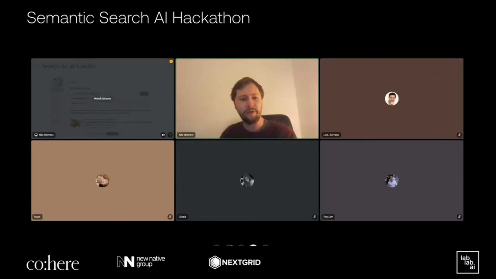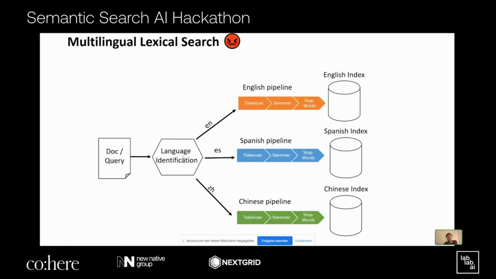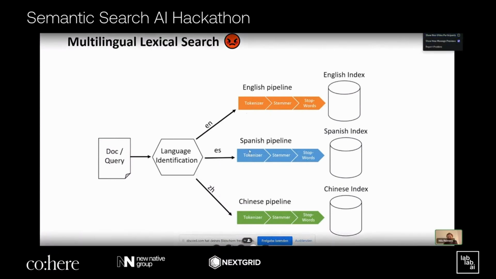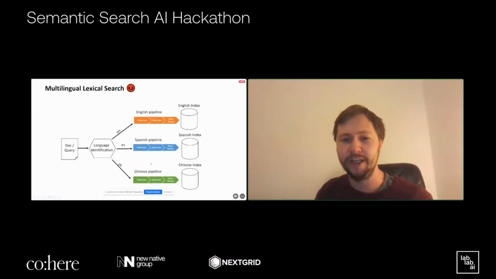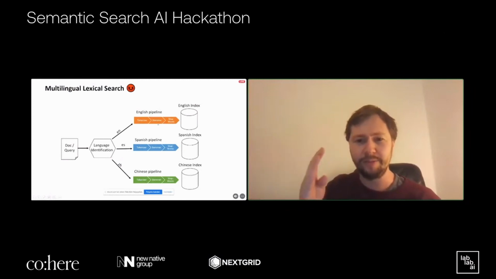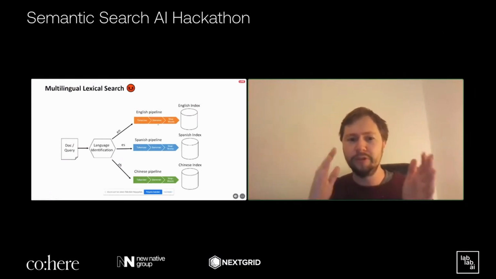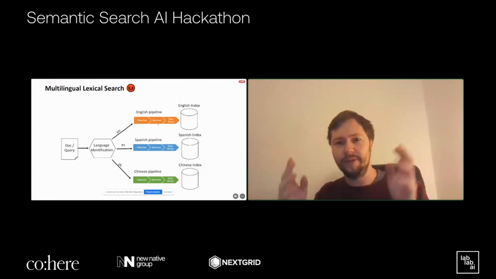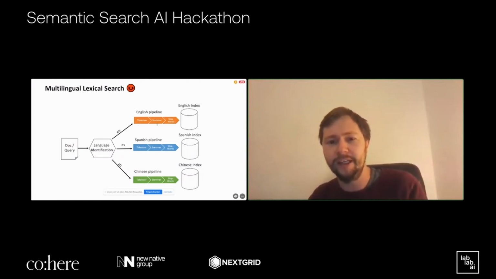You have a document, you run some language identification where you try to identify, is it English, is it Spanish, is it Chinese? And then for each language, you have an individual pipeline where you first tokenize. So you have some tokenizer for English, some tokenizer for Spanish, some tokenizer for Chinese. Then you need to stem it, to remove plurals and endings, like exciting to remove the ending.